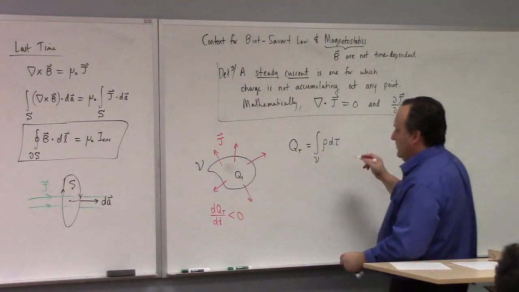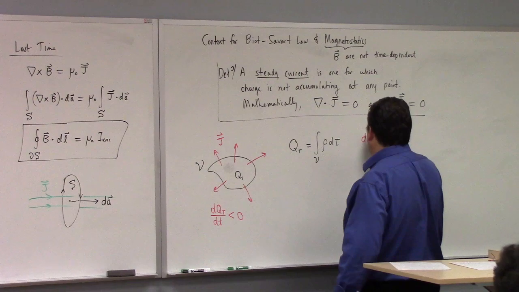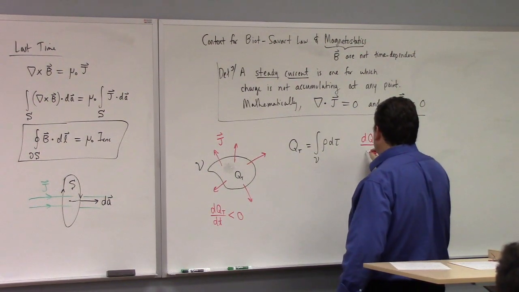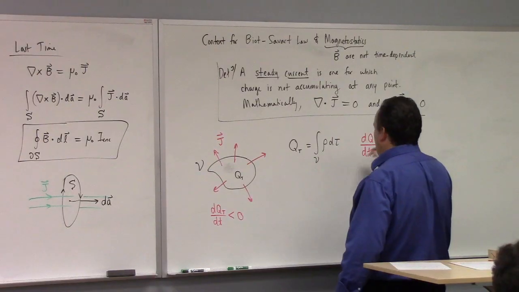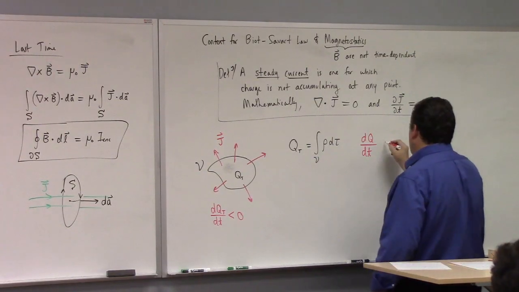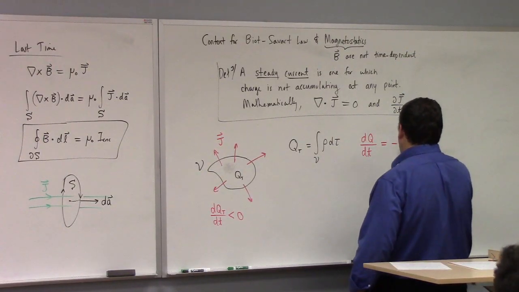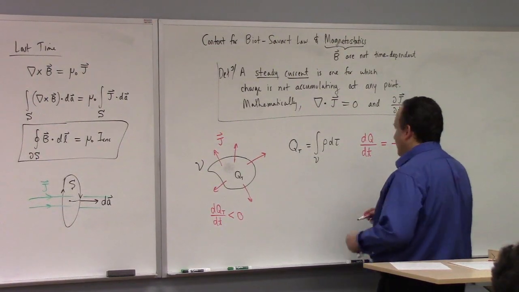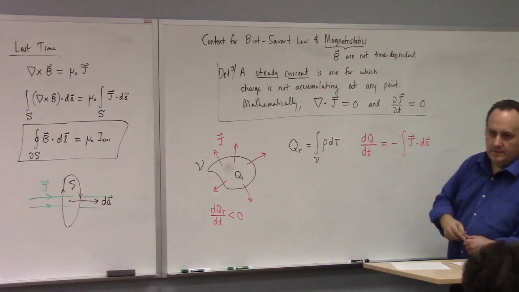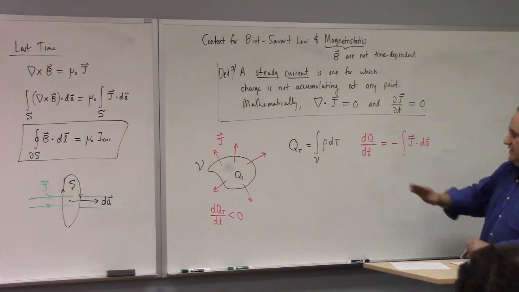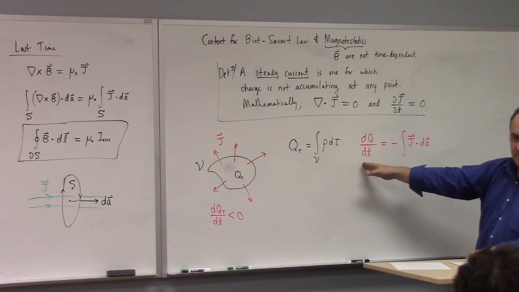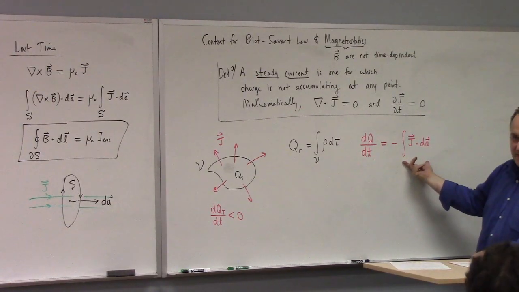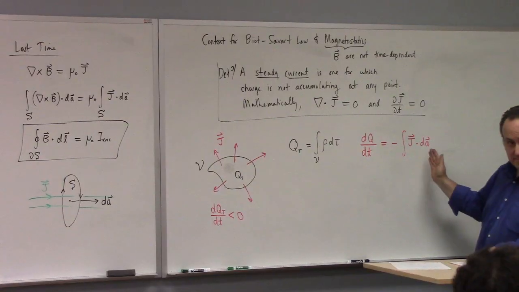And so we could be more precise here, right? It has to be that dQ/dt, the total charge, has to be minus the integral of J dot dA, right? Because if this is decreasing and the current flowing out is positive, we need a minus here to be consistent, right?